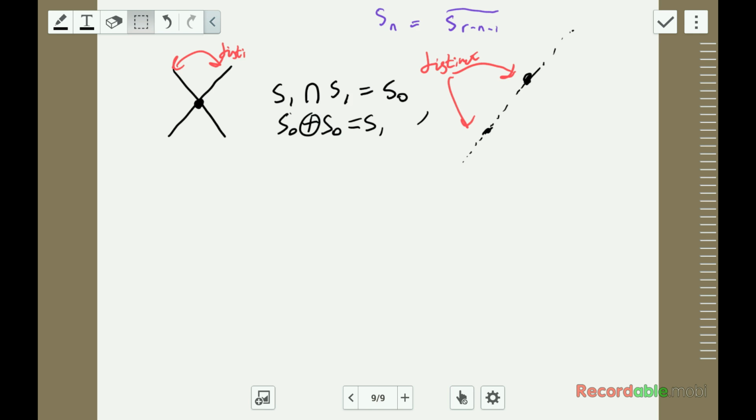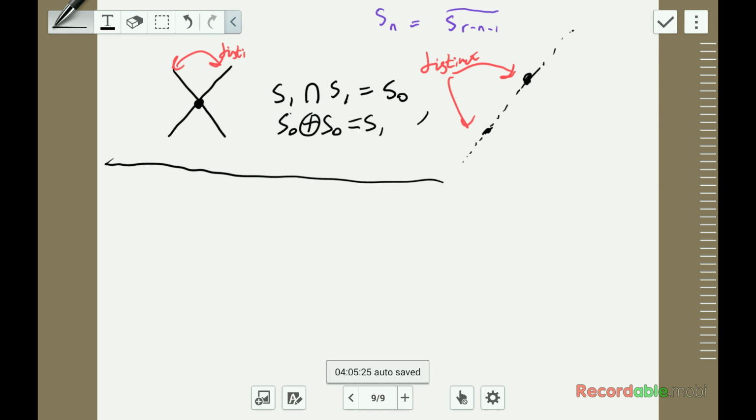But it goes much further. In fact, this duality holds within all different projective spaces of different dimensions.